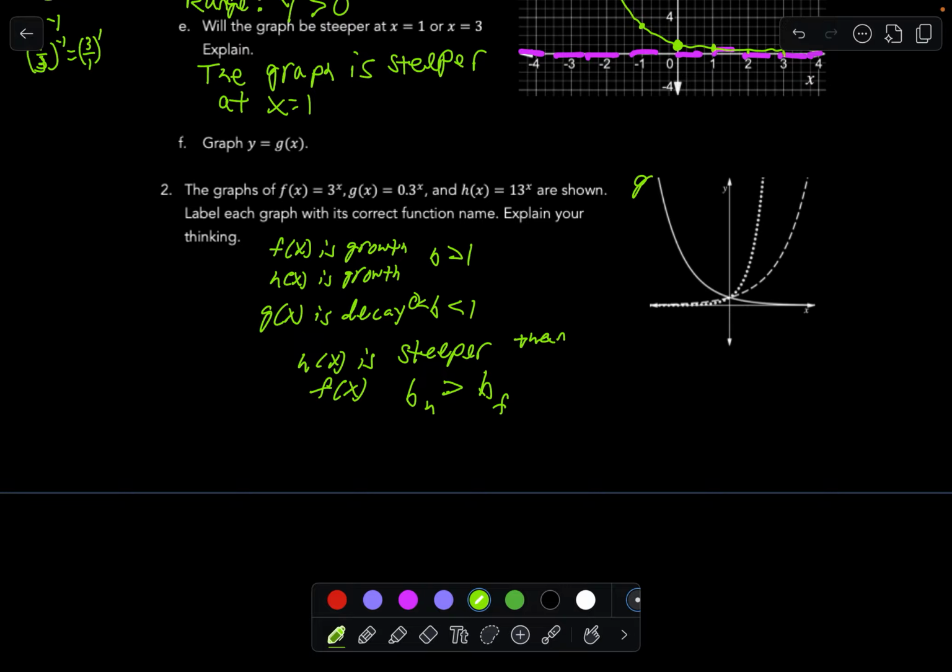So which one's steeper? It's the dotted one, so that's got to be h of x. And then obviously the one that's left is f.